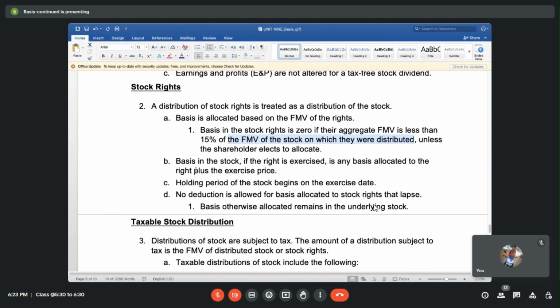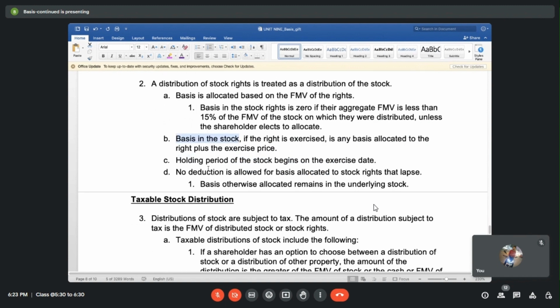Okay, basis in the stock, if the right is exercised, is any basis allocated to the right plus the exercise price. That's all fine. If they're exercising the right, then we have to see what the exercise price is and all, and that could be a different thing.